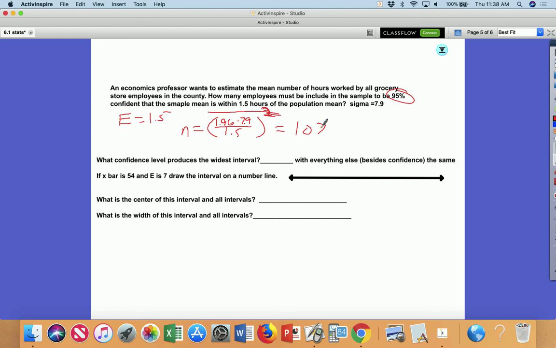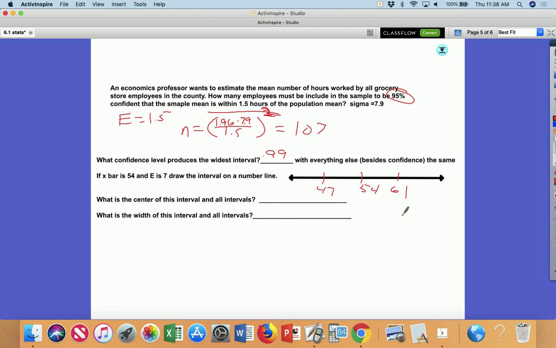Okay, a couple quick things here now to finish up. What confidence level produces the widest interval, do you think? 99, right? If x bar is 54 and e is 7, draw your confidence interval on the number line. Right?